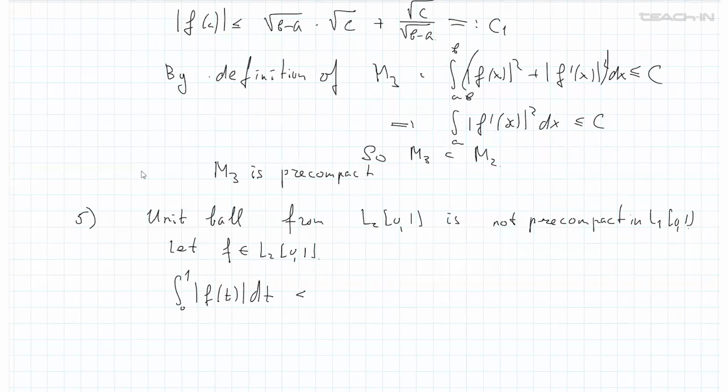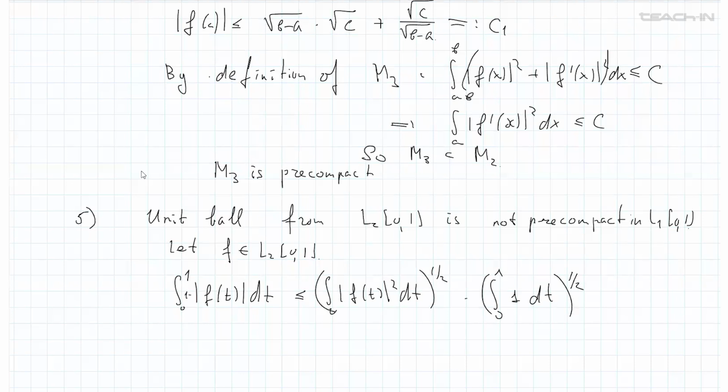Again, by the Cauchy-Bunyakovsky inequality, I consider that it is multiplied by 1, so it is less than the square root of the integral of f(t) squared dt, multiplied by the same integral with 1. I write in detail what I used in the previous task. It's just the norm of f in L2 because the integral over 0, 1 of 1 equals 1. So we see that the norm of f in L1 is less than or equal to the norm of f in L2. So function f is in L1.